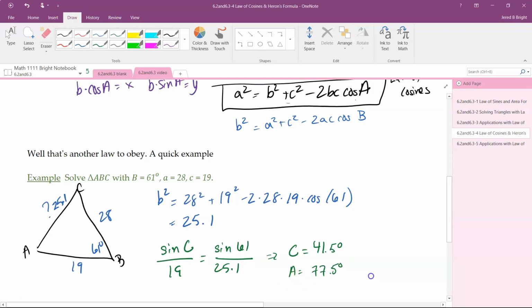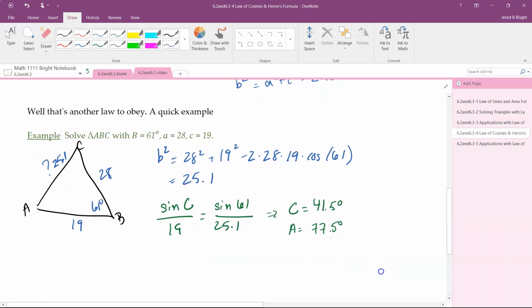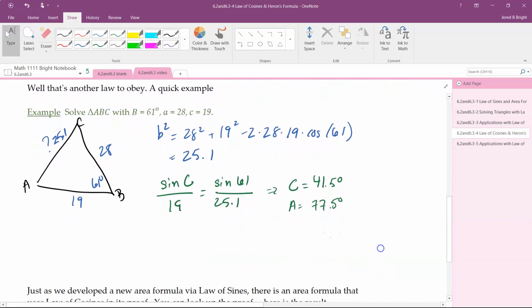Okay, so that allows us to complete the triangle. And again, you didn't need to use law of sines here. You could have used law of cosines to figure out the angle as well.